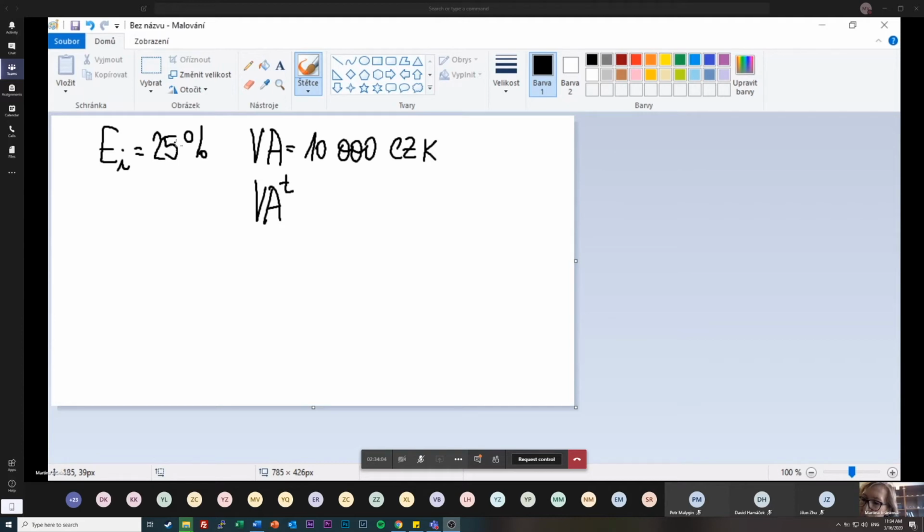So what number is higher than 10,000 by 25%? It's 12,500 Czech crowns. You can use the formula, but it's more complicated. Definitely you can use the whole formula. So it's 12B.